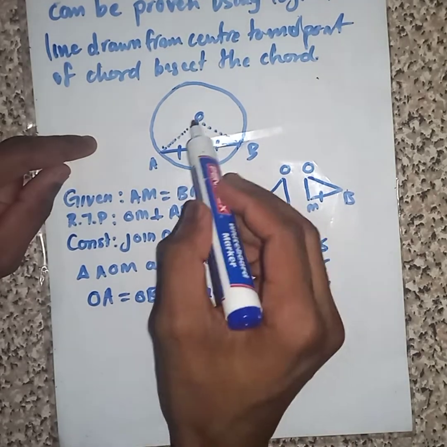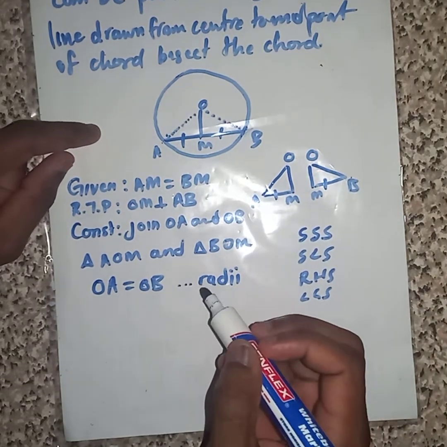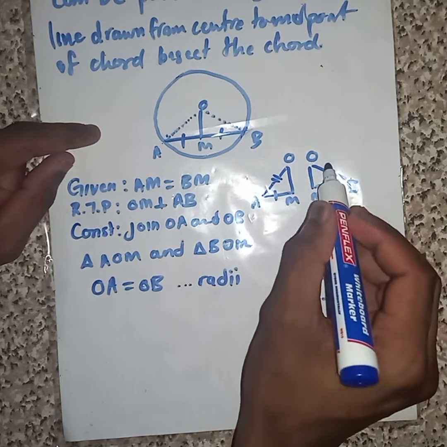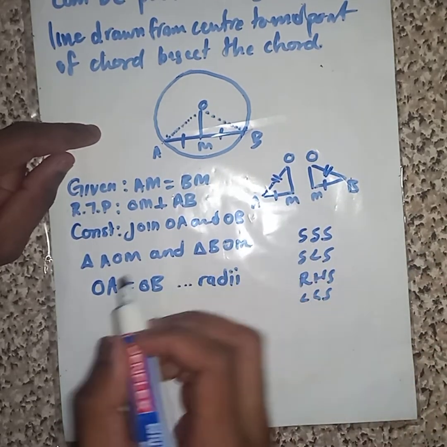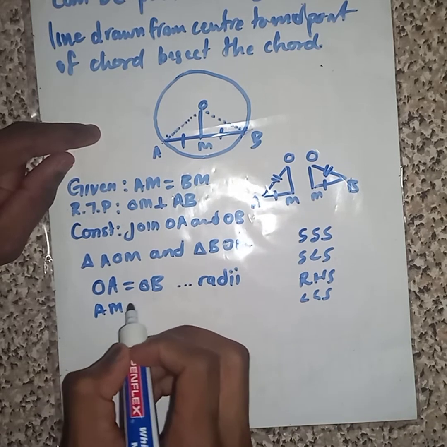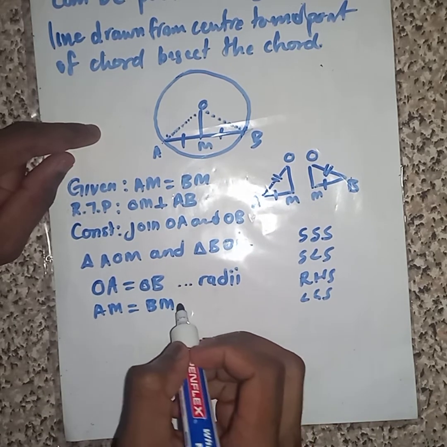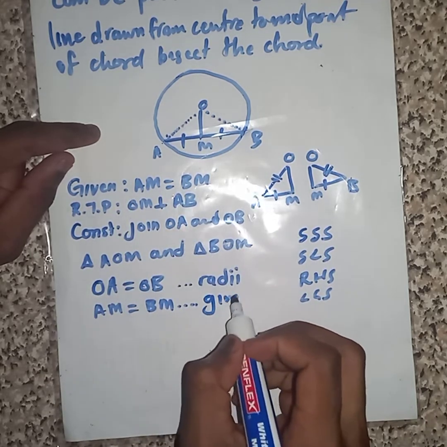We have joined OA as well as OB. Those are radii, so they are going to be equal. Then AM is going to be equal to BM. The reason already given.